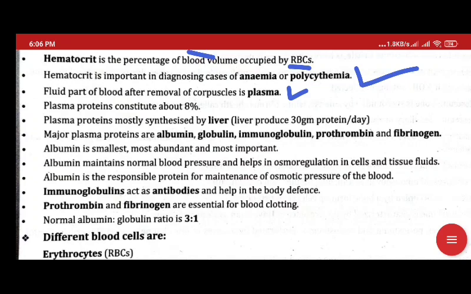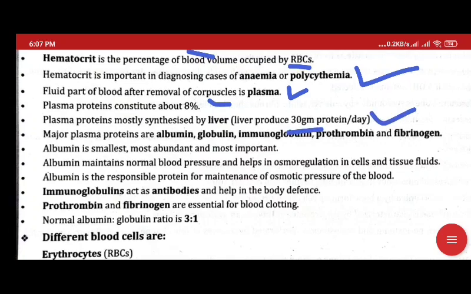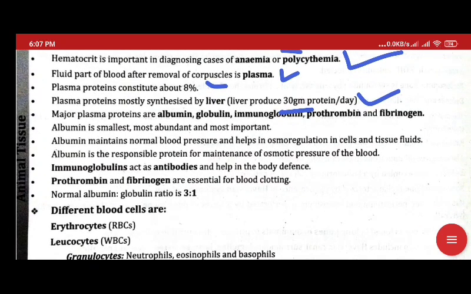The formed elements are RBC, WBC and platelets. Plasma contains plasma proteins. Plasma protein comes from the liver, about 8% of plasma, roughly 30 grams. The plasma proteins are albumin, globulin, immunoglobulin, prothrombin and fibrinogen.